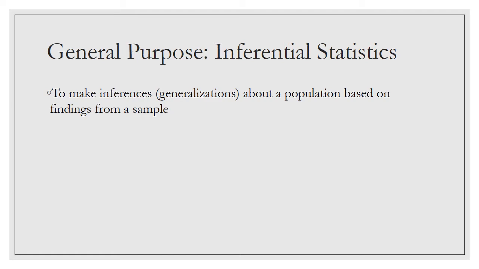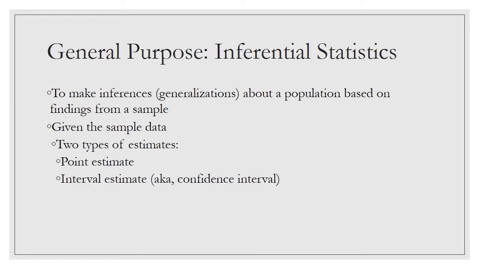We're going to make inference, we're going to generalize, we're going to make claims, we're going to make statements about a general population based on the best information that we have, which is from the sample that we've collected. So given the sample data, what are tenable estimates of the parameter? And we're going to do this in two ways.